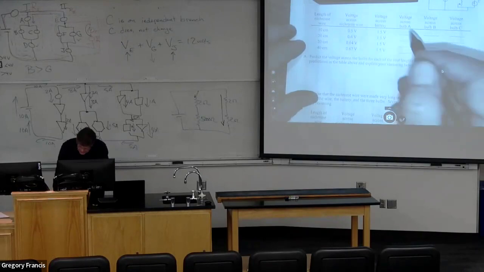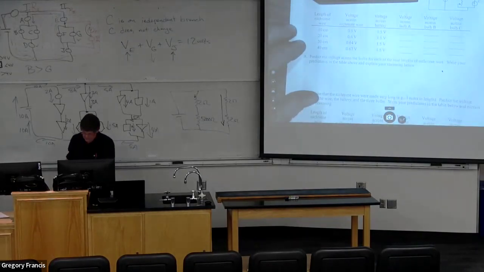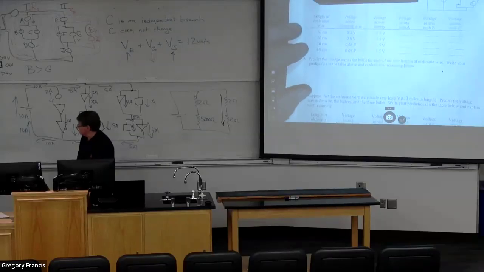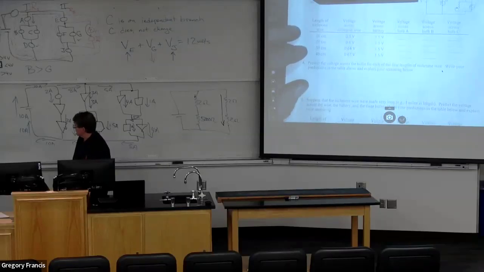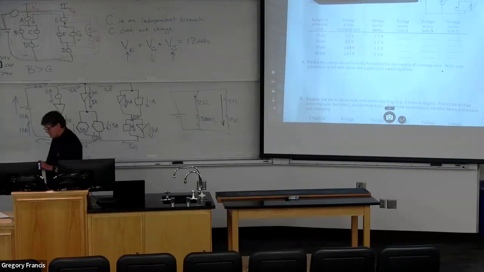We're asked to fill in the voltages across these bulbs A, B, and C for different lengths of nichrome wire in that circuit. And nichrome wire, you'll remember from tutorial 6, is a resistor.